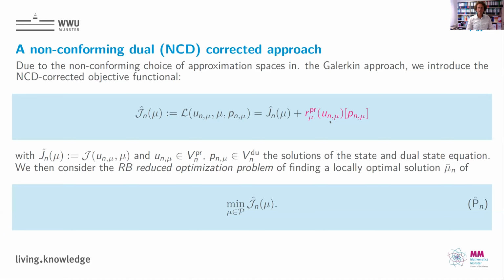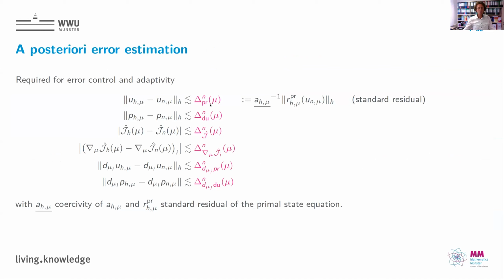So if you do that, then you have the possibility to derive rigorous full a posteriori error control for all these quantities. So the error in the primal solution between reduced model and full order model, in the dual solution, in the objective function, in the gradient of the objective function, and also in the sensitivities. And all this is rigorous and is there.